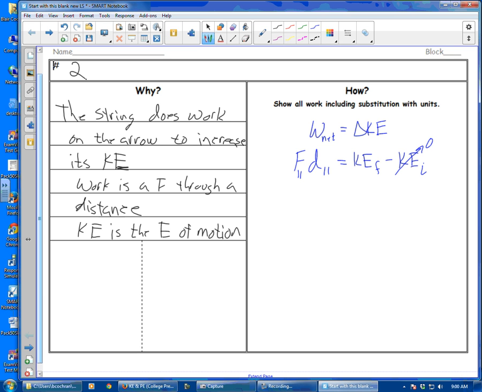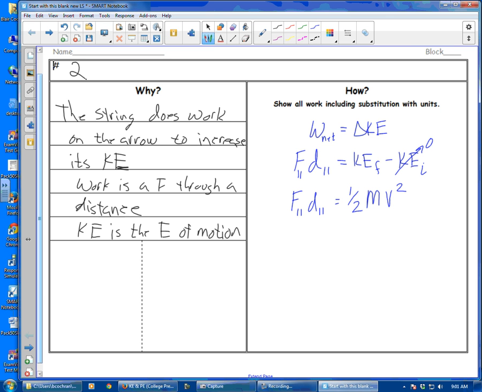It looks like I'm almost ready to substitute in here. I think one more substitution for my equation sheet, the kinetic energy is 1/2 inertia speed squared, will do me.